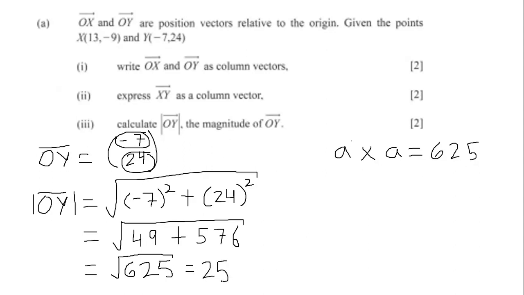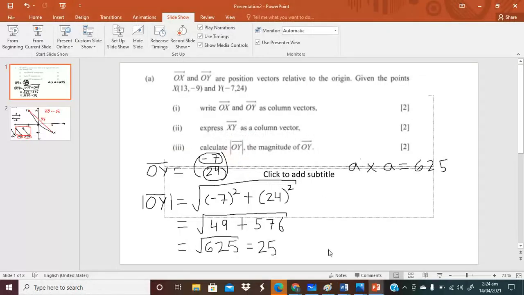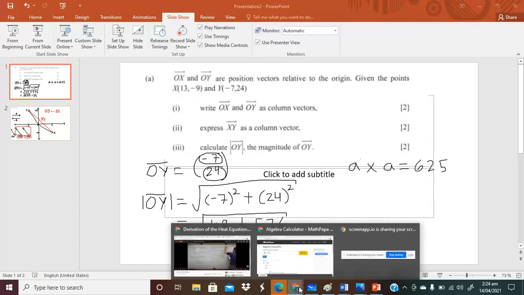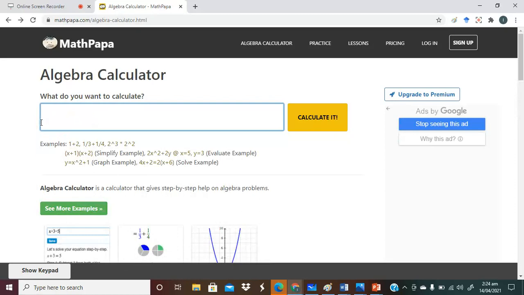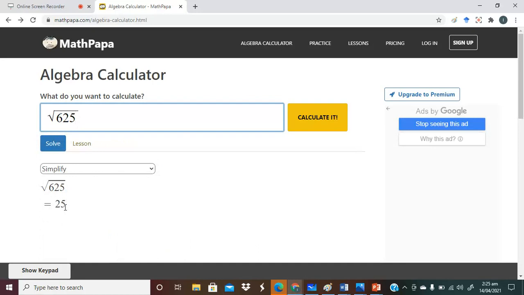And how do we know that? Because notice, let's go to the online calculator. Of course, you can use a scientific calculator. In the BGCSE exam, scientific calculators are permitted. And so let's take the square root of 625. We note that the square root of 625 is indeed 25.